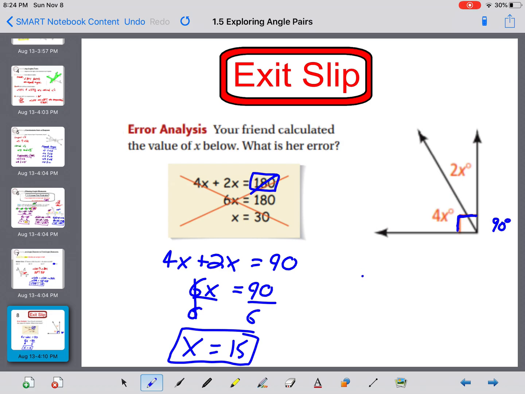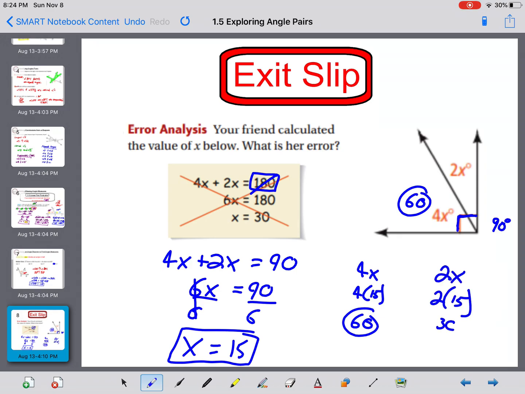If we were going to solve for both the angles, 4x is really 4 times 15, which is 60. And 2x is really 2 times 15, which is 30. And 60 plus 30 equals 90, so it checks out.